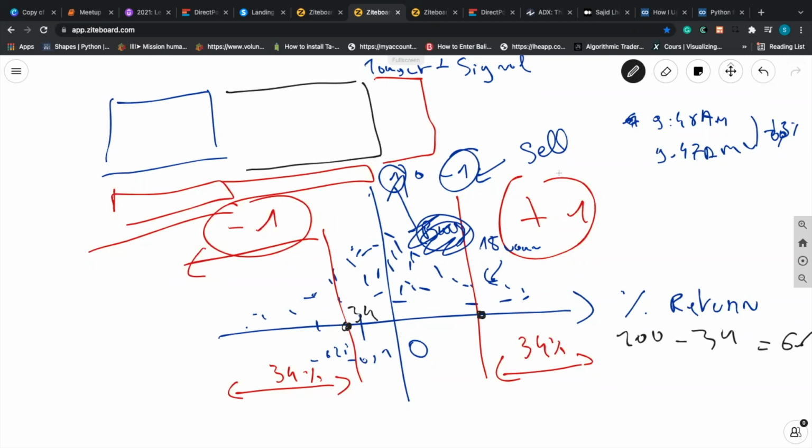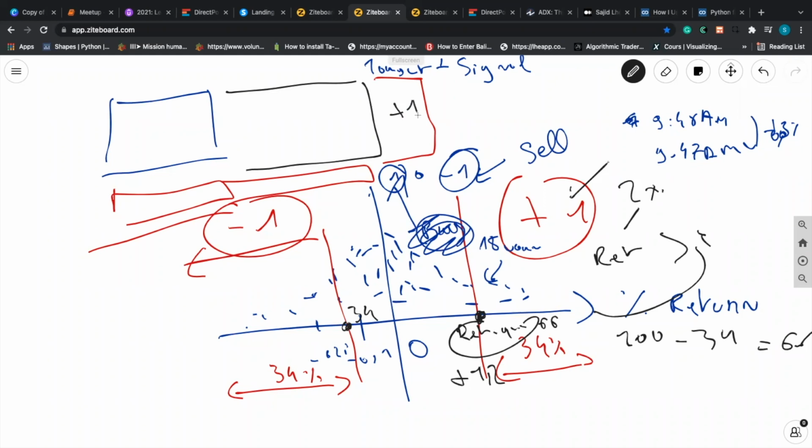If we want to specify the target of +1, we are going to say, as soon as we have a return which is above the return value of the quantile at 66, let's say if this value is +1.2%, as soon as we have a return above, let's say 2%, we are going to flag it with a value of +1. That's what we are going to do within this line of code.